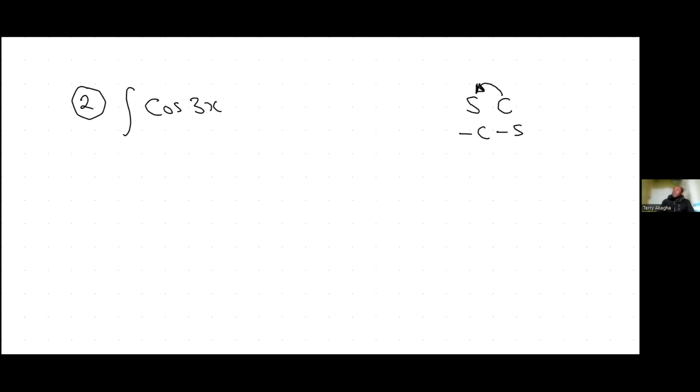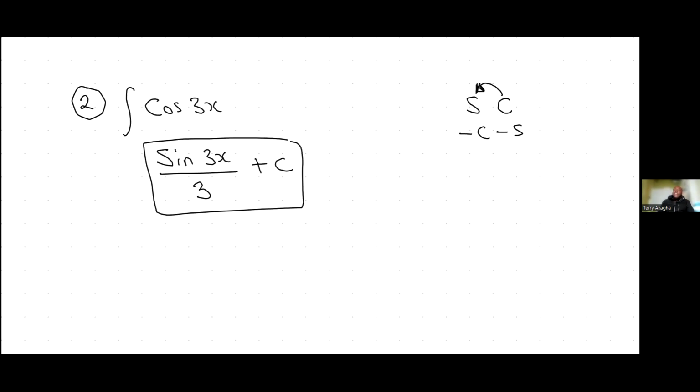I told you how you do it. So it's going to give you sine 3x. Okay. Then you divide it by what you get when you differentiate 3x. You differentiate 3x, it's going to give us what? 3. Then you add what? C. So we've talked about this already. So that is it. Basically, the indefinite integration, I've talked about it using the several rules. So that is that for that.